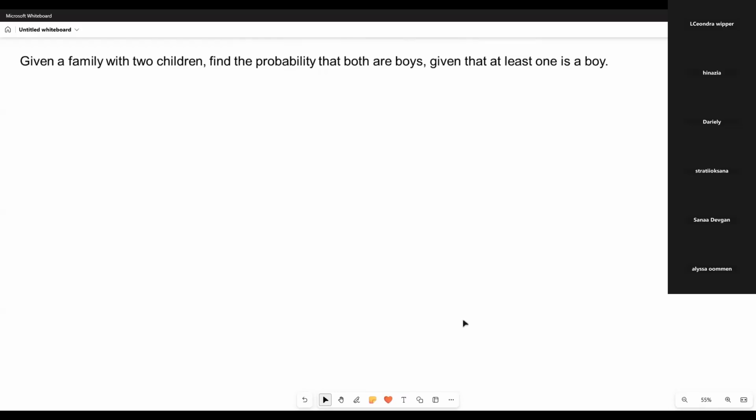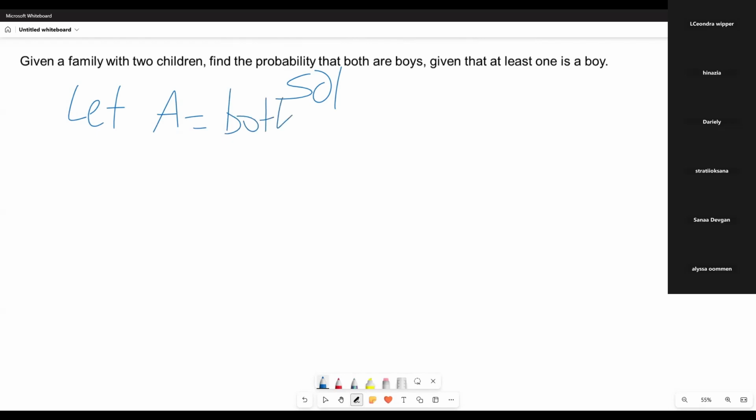So first, the solution. Let B equal both are boys, and let A be at least one is a boy.